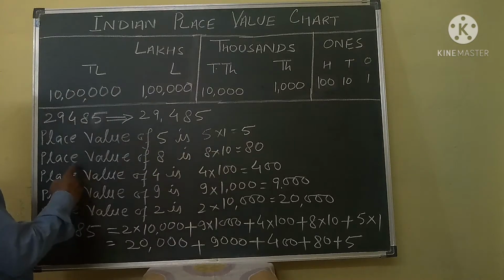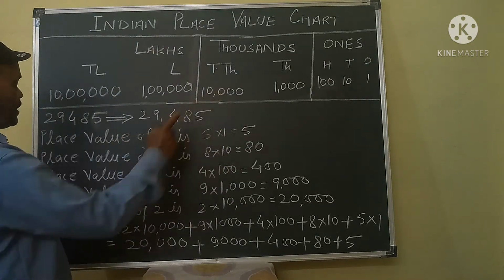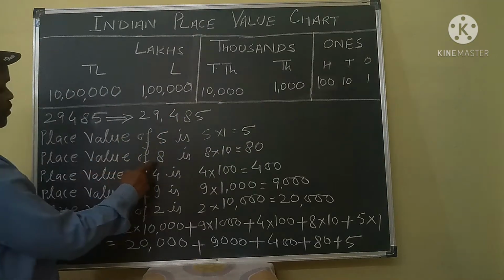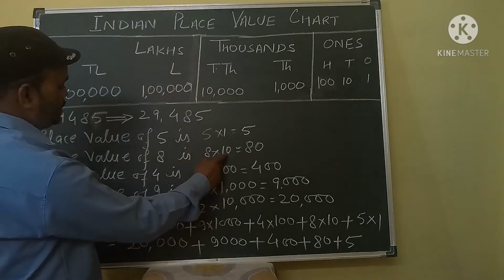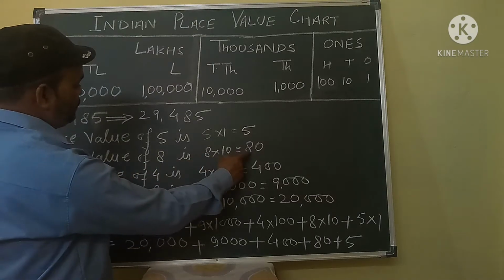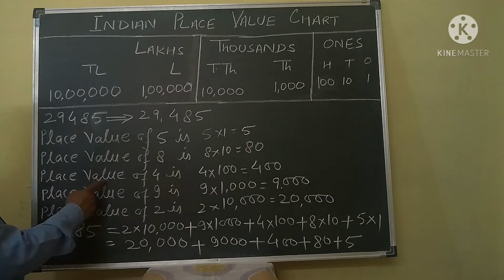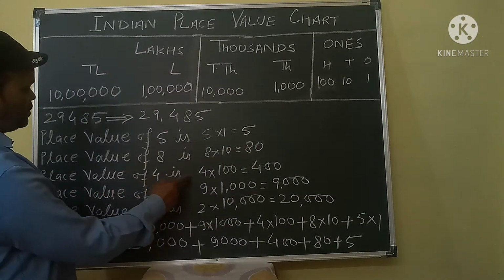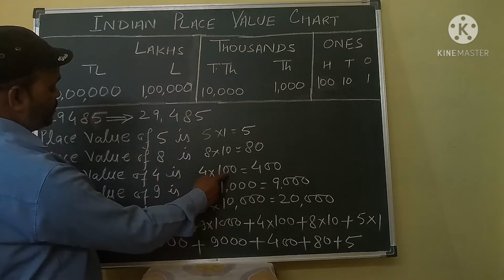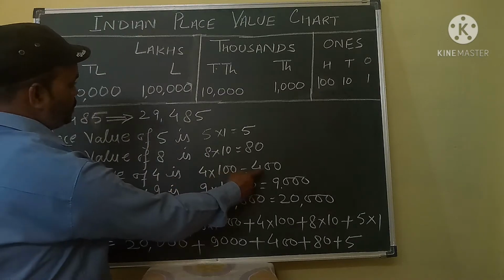Again, 8 is in tens place, so the place value of 8 is 8 into 10, which gives 80. The place value of 4 is 4 into 100, which gives 400.